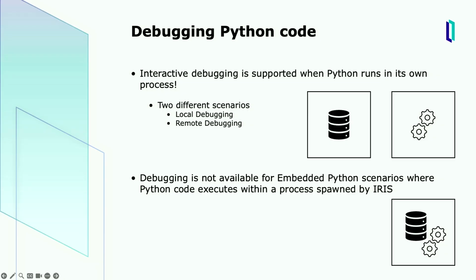As soon as your Python code runs embedded within the same process as Iris, there's no simple and trivial and consistent way of debugging your code. So one of the many reasons why we are advising you to build an architecture where your Python code runs in its own process through shared memory.